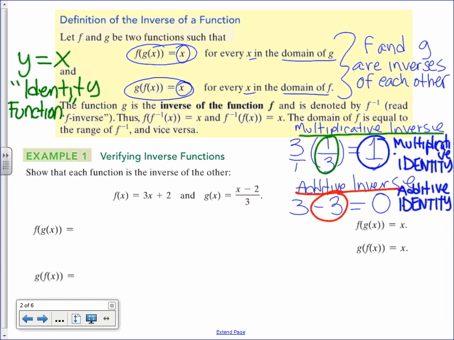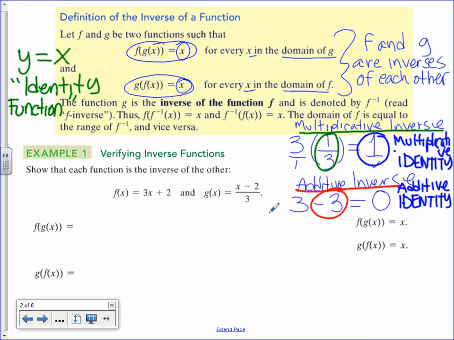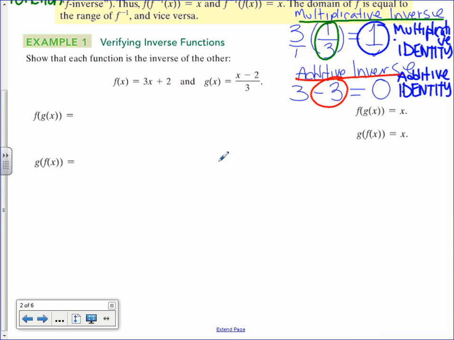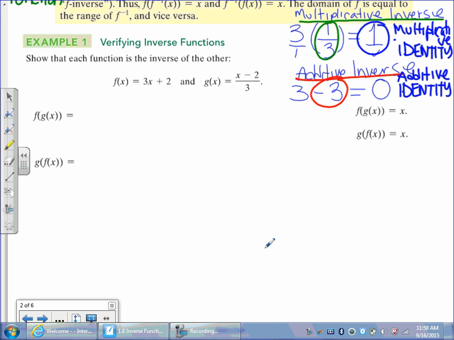Identity function. All right. So let's go ahead and verify if those two functions are inverses of each other, and that will probably be the last problem of the day. First we're going to compose f with g, and if we end up with an x, that means yes, it is true.